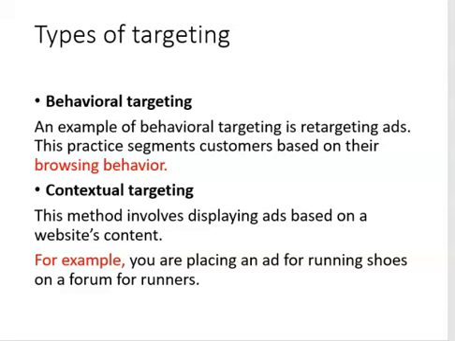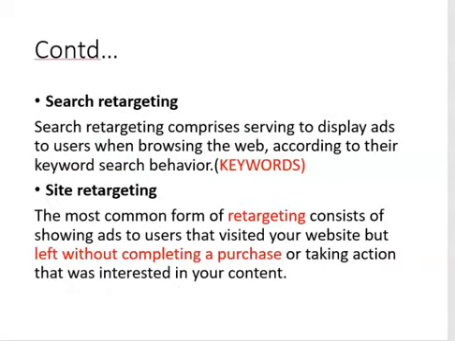Behavioral targeting, on the other hand, takes into account user actions and behavioral patterns with respect to browsing behavior. These are a few of the things we look at in understanding both behavioral as well as contextual targeting.